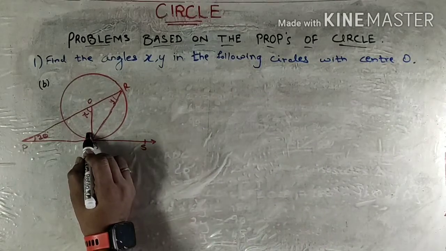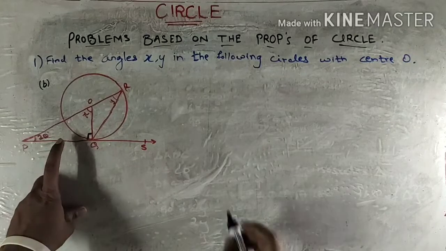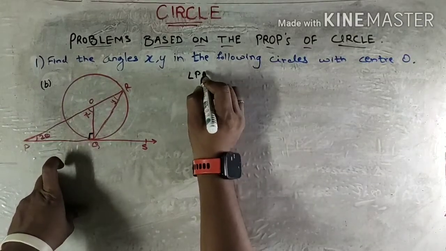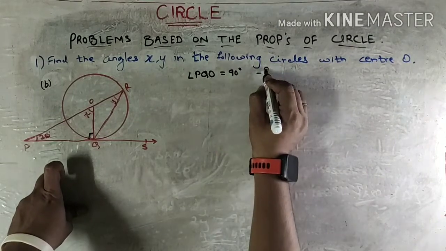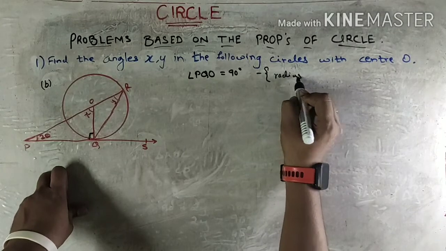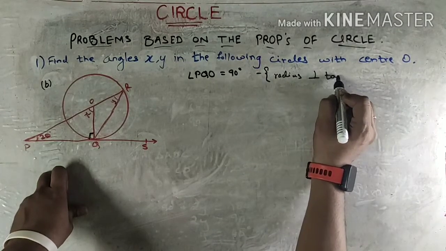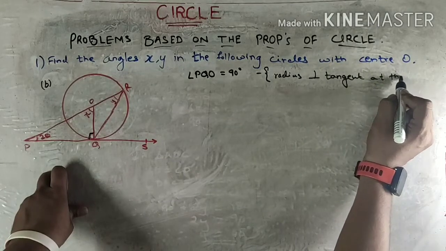So we know one of the first properties that we have studied today, that this angle is 90 degrees. Hence I'll write angle PQO is equal to 90 degrees. Property stating radius is perpendicular to tangent at the point of contact.